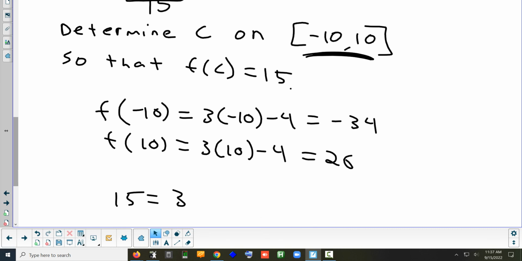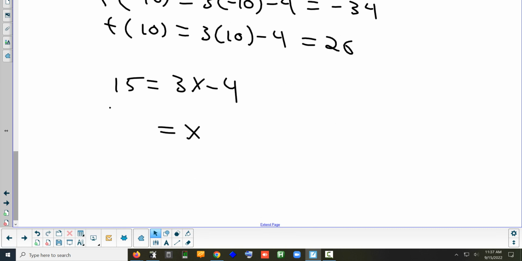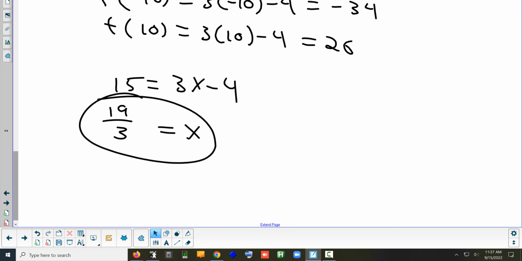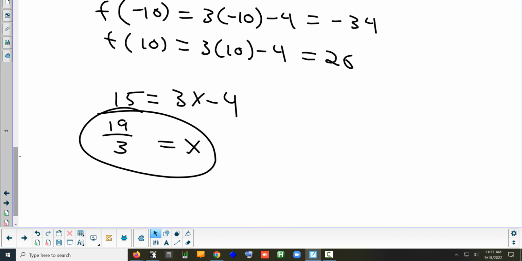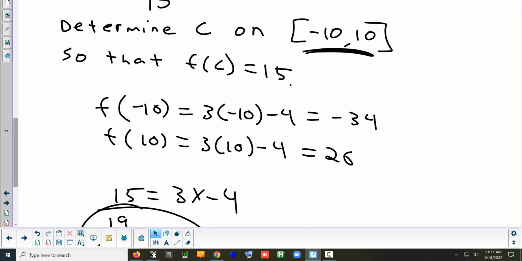3x minus 4. So x equals 19 thirds. So the point was just to figure out an x value between negative 10 and 10 where I would hit 15.